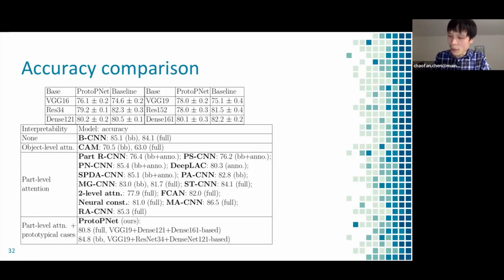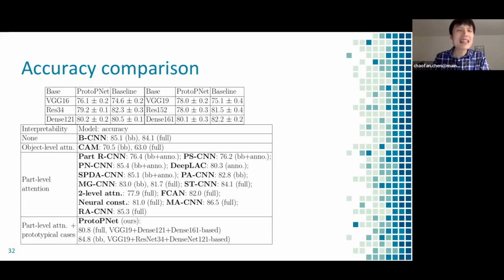And the bottom table here compares the proto-PNets with the state-of-the-art models at the time of 2019, by the way. We combined 3 proto-PNet models and use that to compare with the state-of-the-art at the time of 2019.